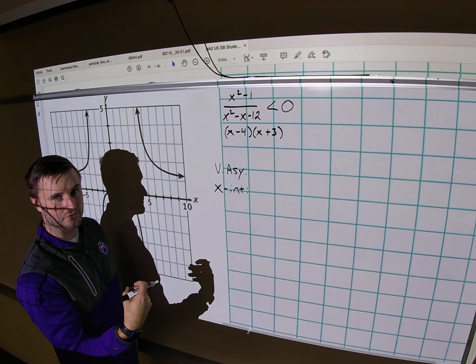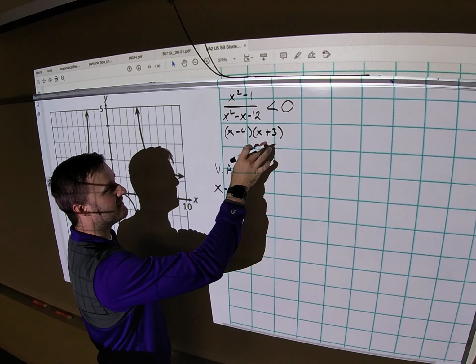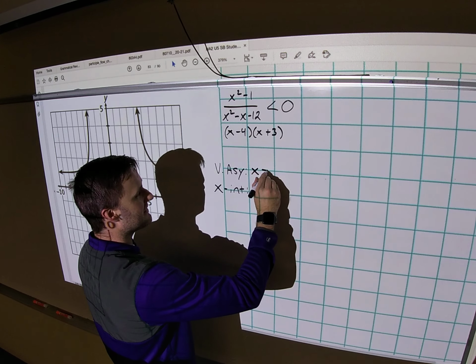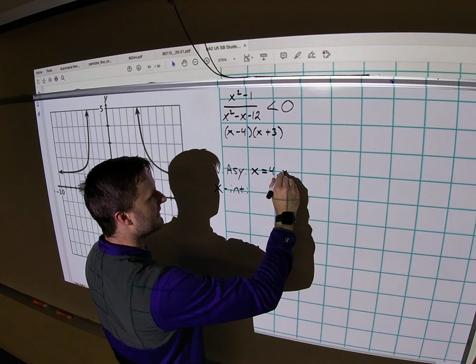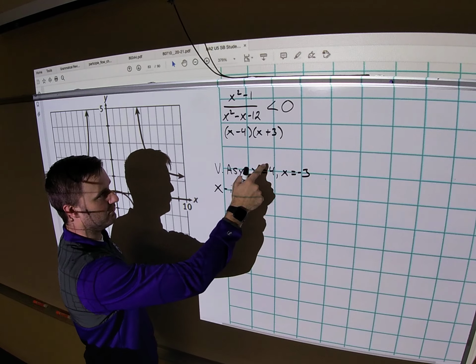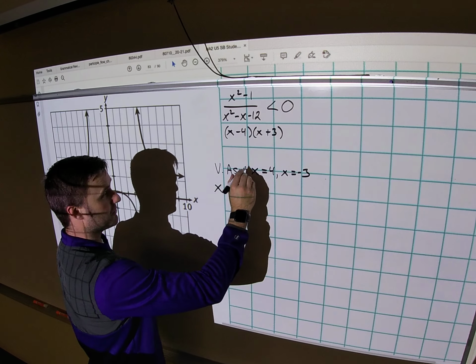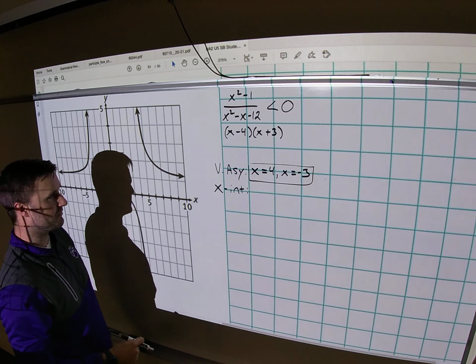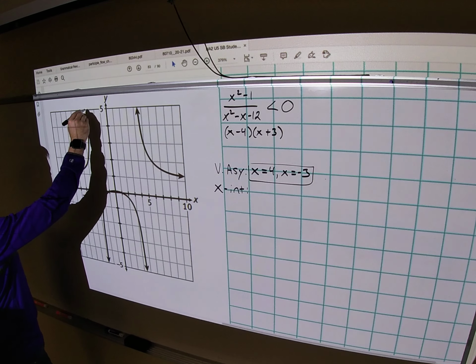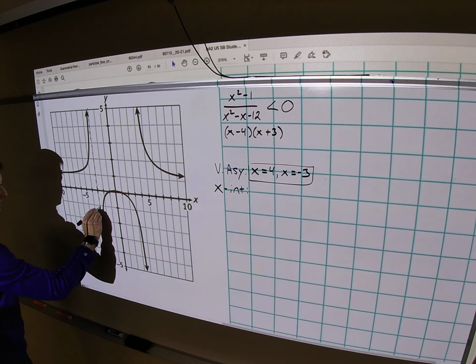So that is the factored form, meaning if I set each one of these equal to 0, we would say, hey, we have a vertical asymptote at x equals 4 and at x equals negative 3, right? So opposite sign, boom. Opposite sign, boom. So we have two vertical asymptotes. So we're going to go ahead and split that. So at negative 3, 1, 2, 3, we're going to have a dotted line here.